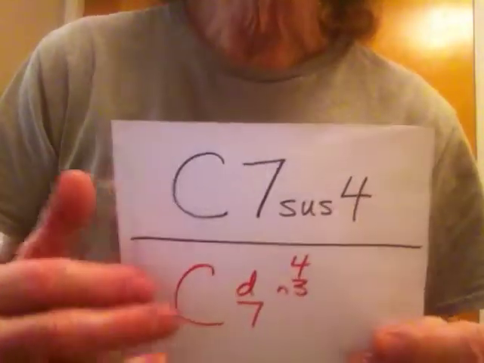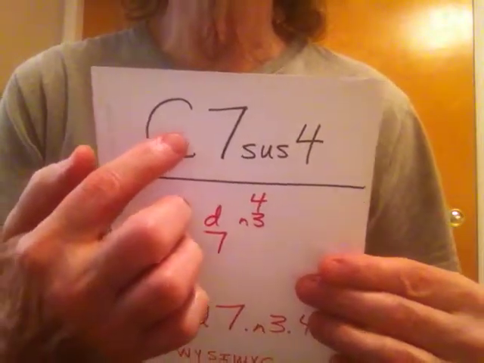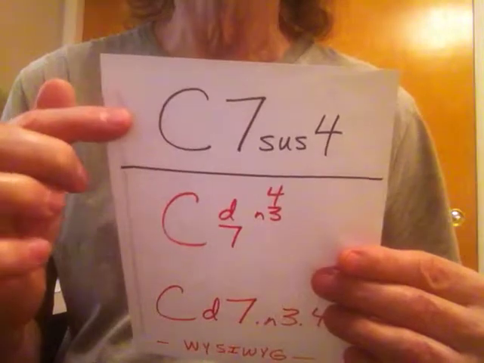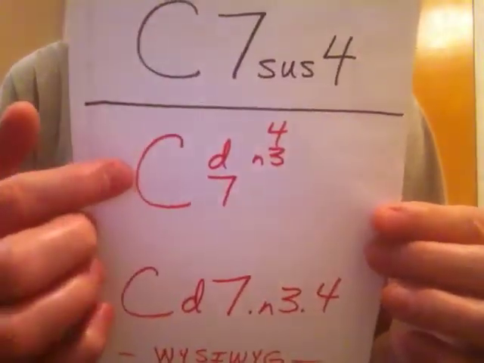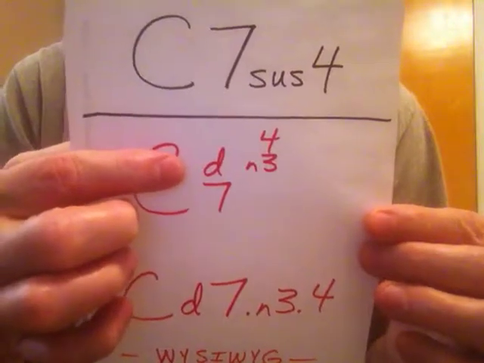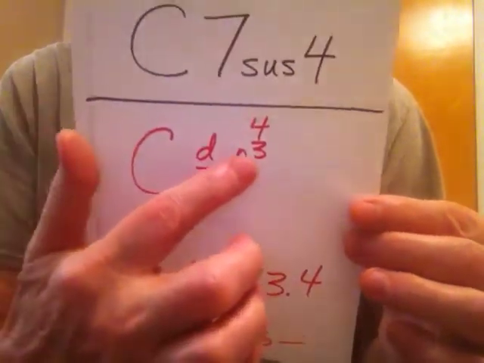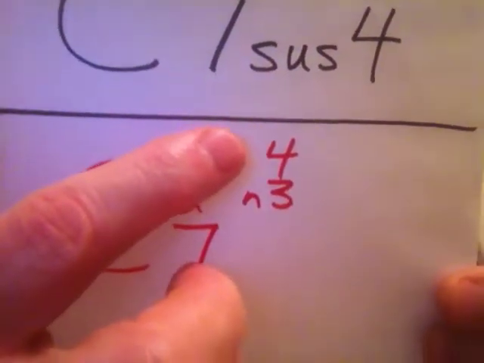Now, regarding the omission, let's say you had the chord traditionally called a C7 with a suspended 4. That's the traditional way of writing it. In my system, we don't write it like that. Mine would be C, dominant 7, that's the bass chord. There'd be no third, but there'd be an added 4th.